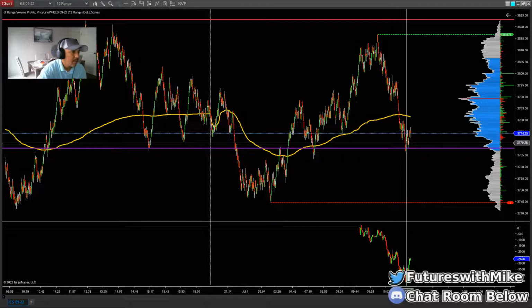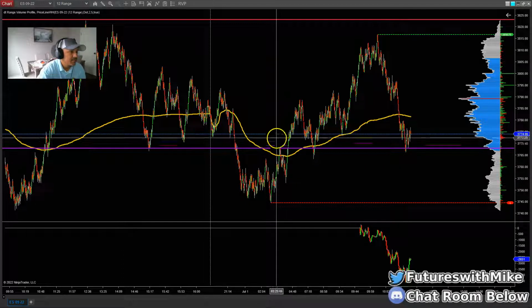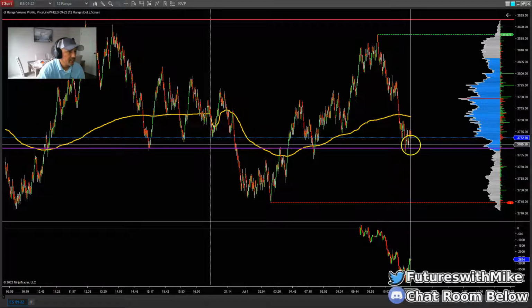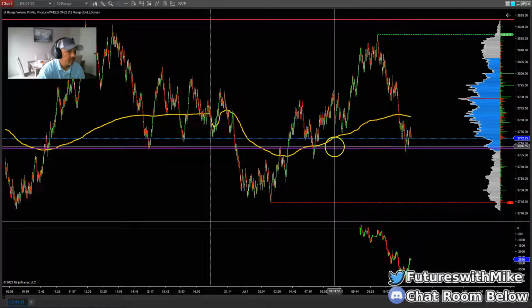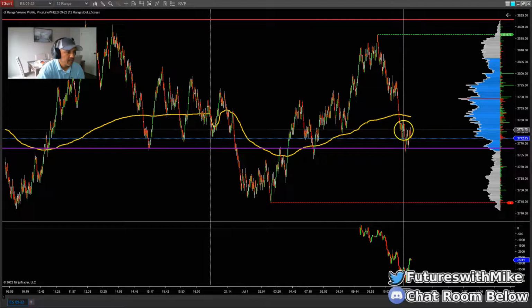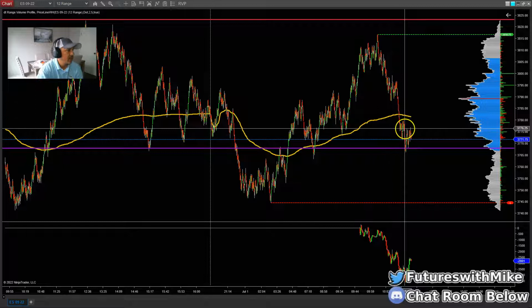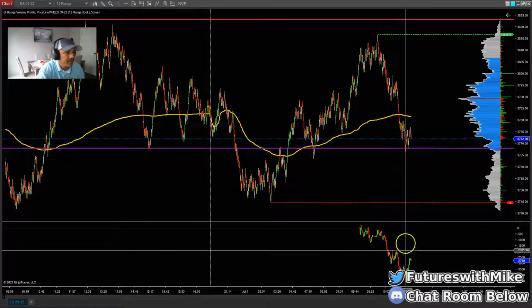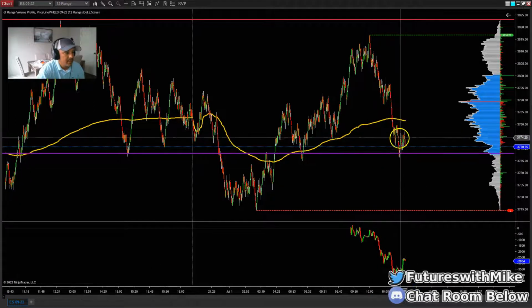Well, let's see. Yeah, you could have scalped it. Could have got in and closed with a green candle off the 12 range. The price got back down here, rejected it, and then took it back up to the swing area here. So yeah, that was even a long off the 12, if you follow that.